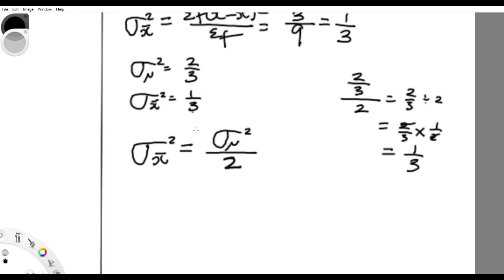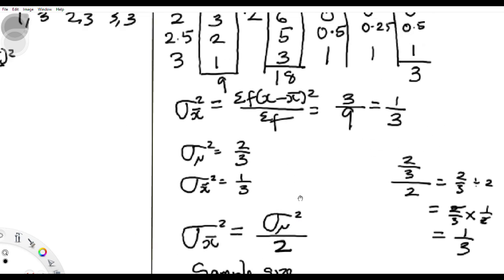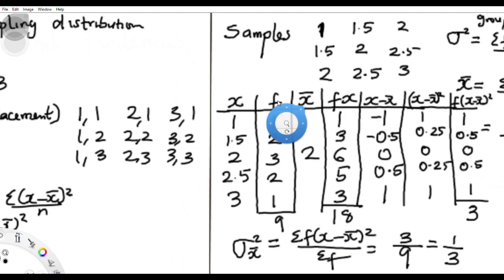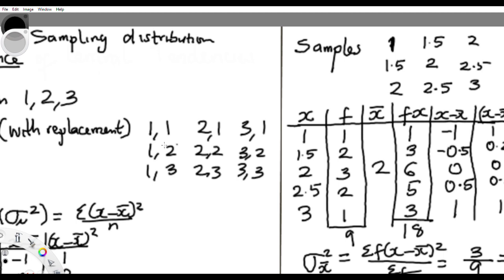Now if we treat another question, you would realize that this value underneath here is the same as the sample size. There isn't time to treat another question, that's why I'm not treating another question. But then this value underneath here would always be the sample size. Remember we said we should pick samples of 2, 2, 2 from the population. How many twos can you pick from the population? You have them here.